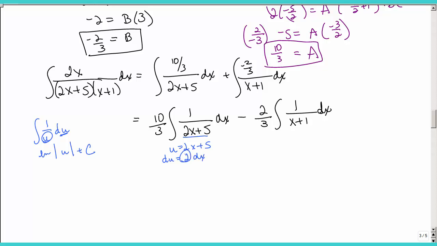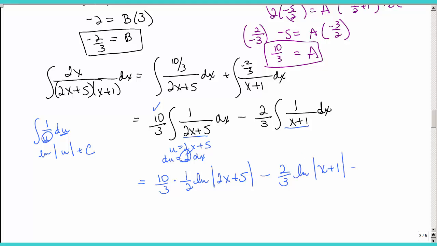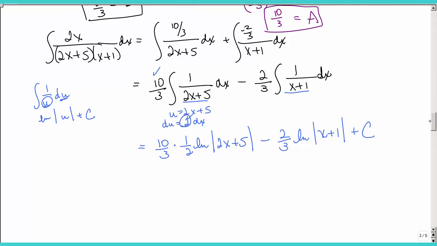So I have to take care of that too. So what's going to happen? I'm going to have 10/3 because of that constant, times 1/2 because of that 2, then the natural log of the absolute value of 2x plus 5. And this one, since the derivative of x plus 1 is just 1, no extra constants are needed. So just a little reducing.